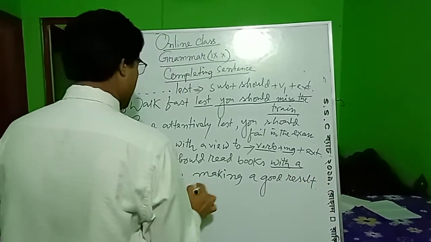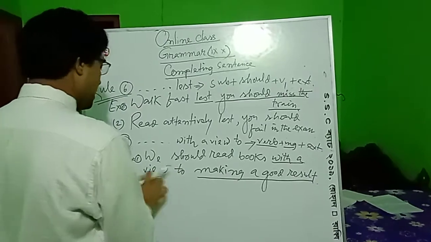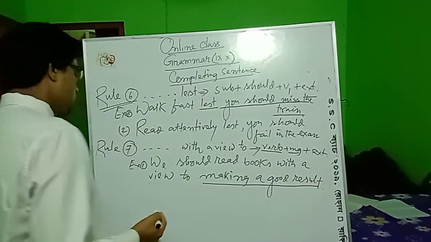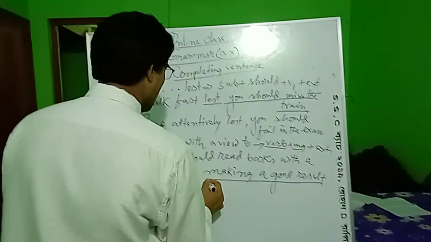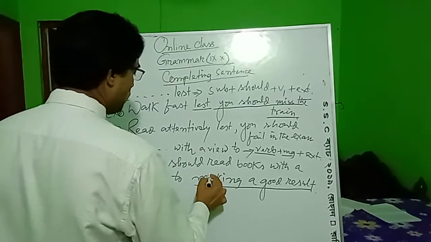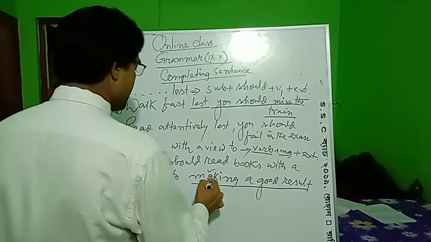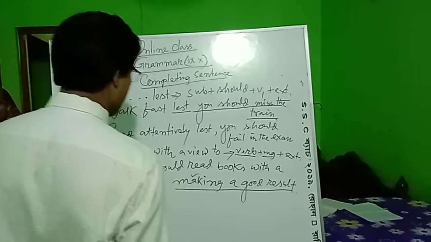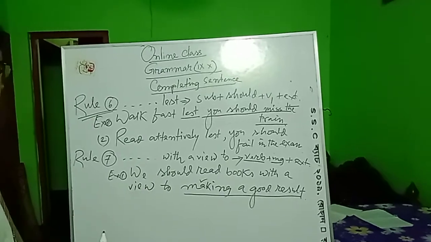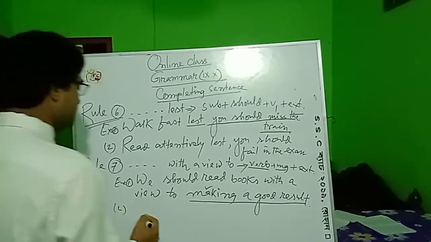Here, look at this sentence and you will clearly understand that after "with a view to", we will not use subject. Directly we will use verb and then we will add ing with this verb and we will write the extension to make its meaning clear. Okay, let's see another example.